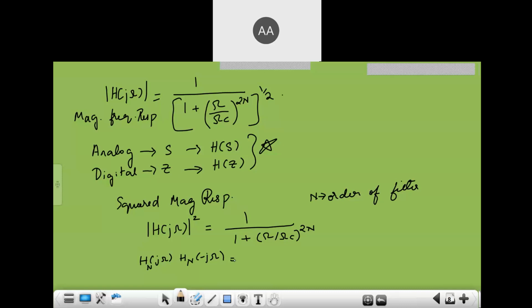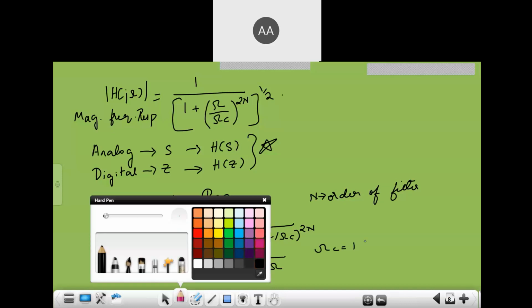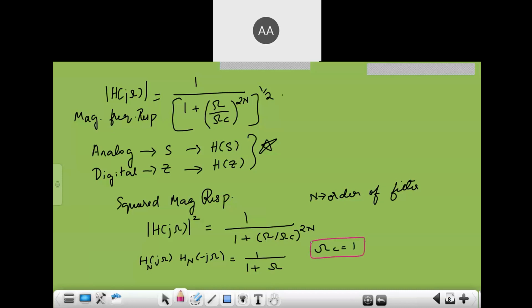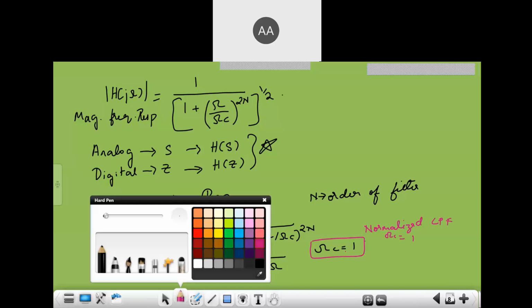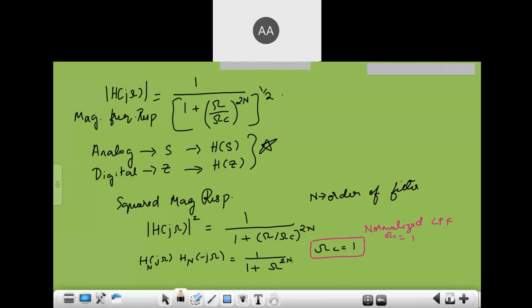So this will be equivalent to 1 by 1 plus omega, considering your omega c is equal to 1, because if you remember, I told you, no matter what you have to do, you are first going to design a normalized low pass filter of cutoff frequency equal to 1. So if I put omega c equal to 1, I am left with this omega whole thing to the power 2n.